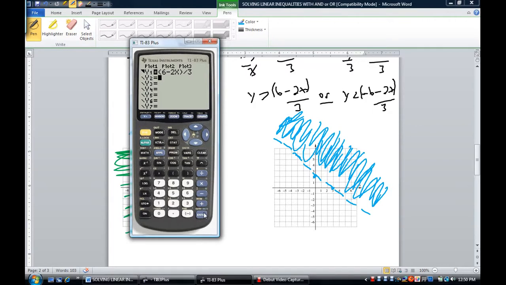I'm going to go to y equals. First off, I'm going to turn that equal sign off. And then I'm going to type in negative 6 minus 2x close parentheses divided by 3. And I'm going to hit enter until I have less than. Then we'll hit my table.